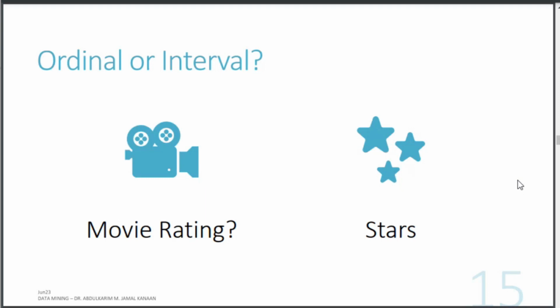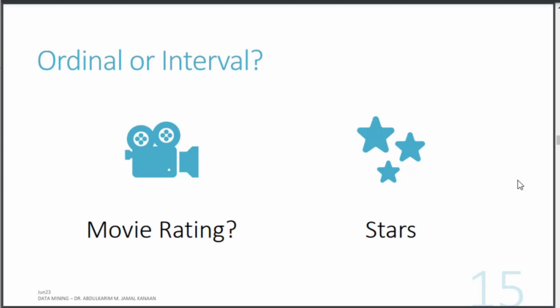Raise up your hand. Okay, let's say they are about 10. How about interval? Or 15. Now we ask about ordinal or interval, I forgot. Okay, start over. Who says this is interval? Raise up your hand. Okay, ordinal. Okay, the majority are ordinal.